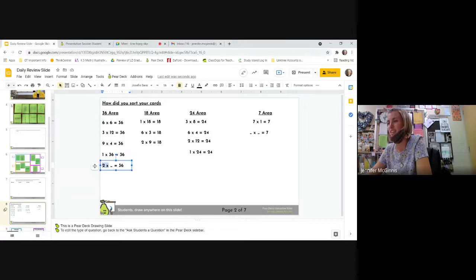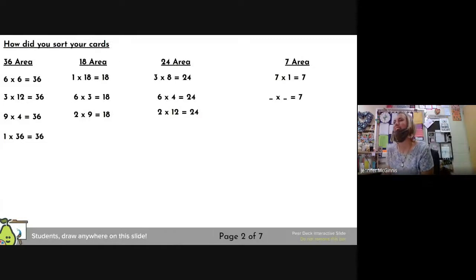I want this one right here. What do you got, Tucker? What do you got, Cole? 2 and what gives me 36? Gracie? I heard you partly said it's 18. I accidentally said it out loud. I know, I messed up.